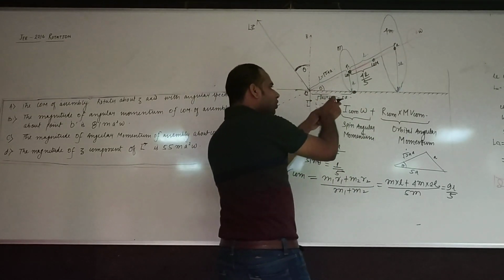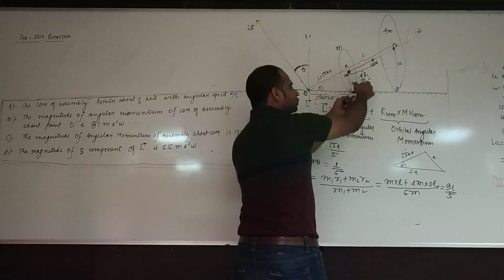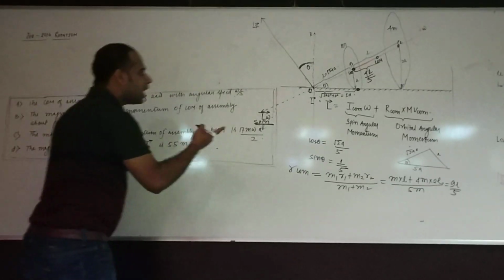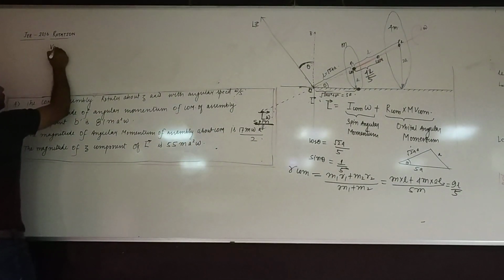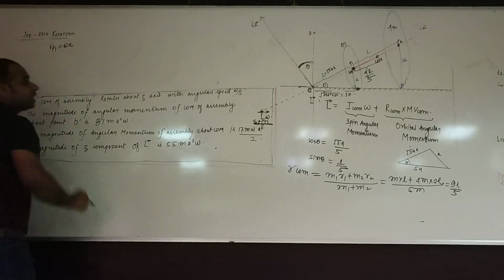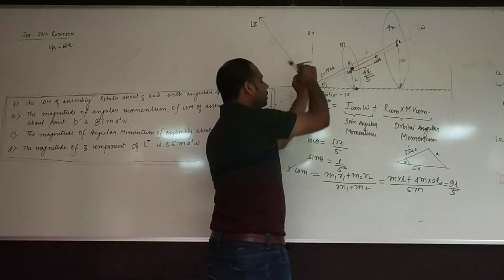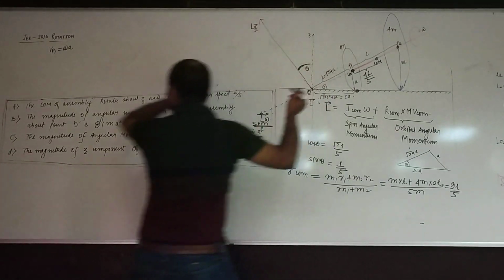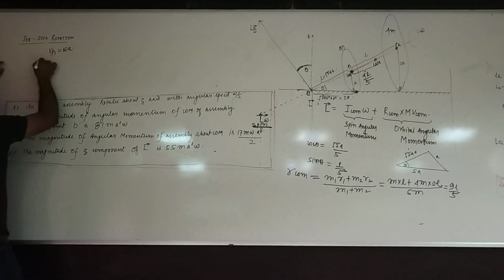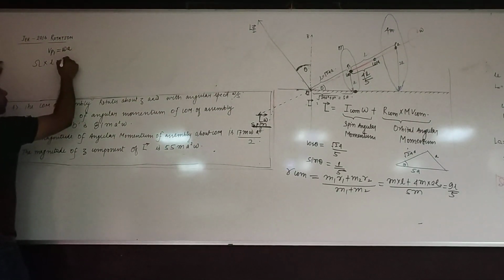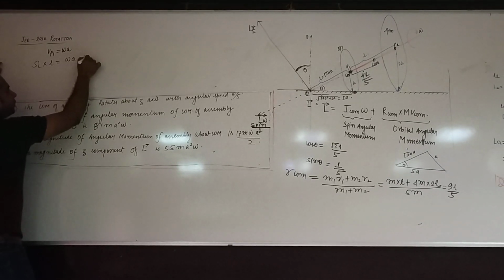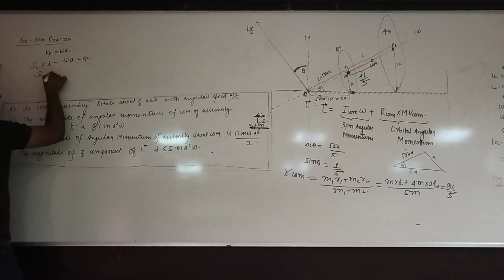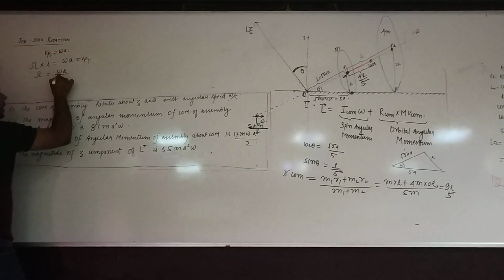By that concept, Vp1 plus omega A should have been 0, so this point must be having the velocity omega A. So we can write Vp1 is equal to omega A. Further, it is also undergoing rotation with some angular velocity, Greek omega, so we can also write omega into L is equal to omega small a is equal to Vp1. So we have Greek omega is equal to omega A by L.